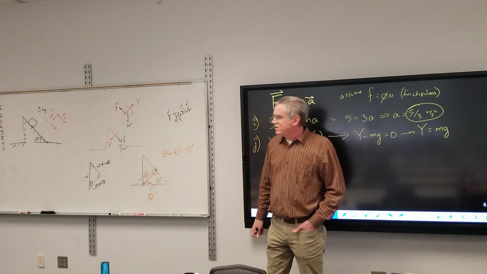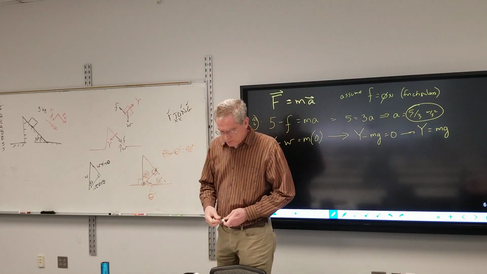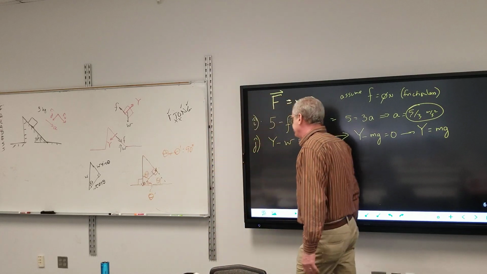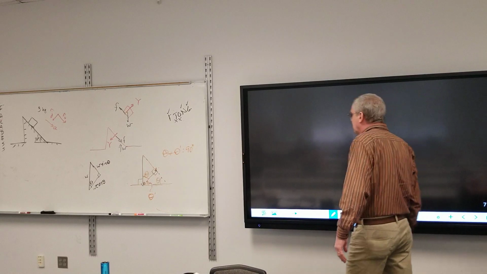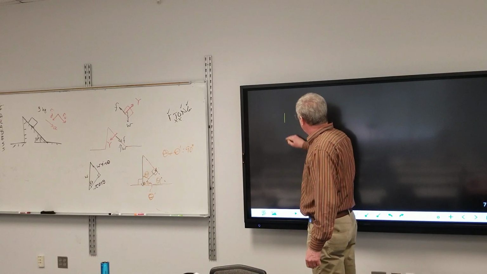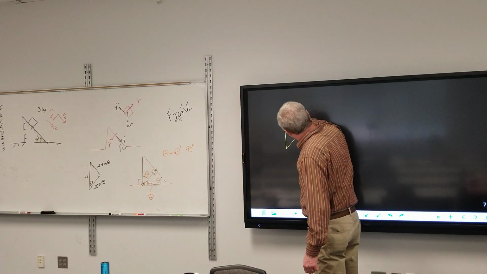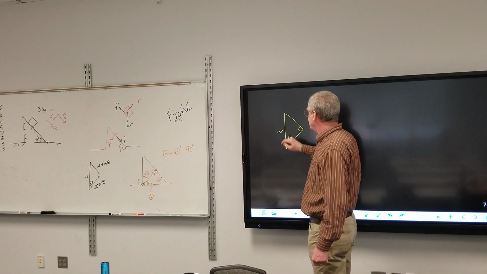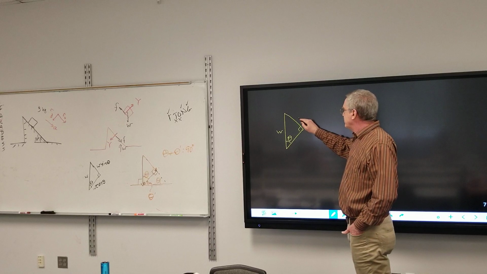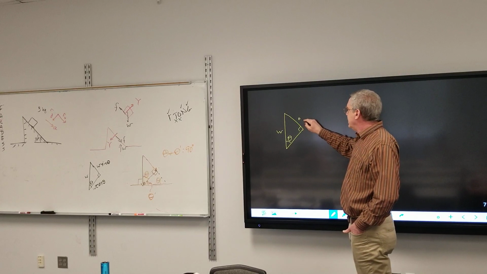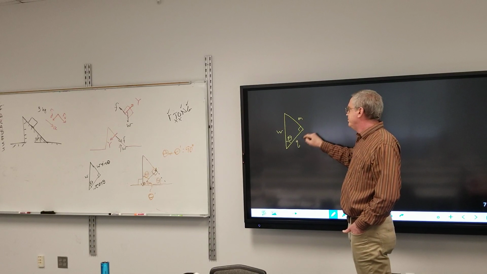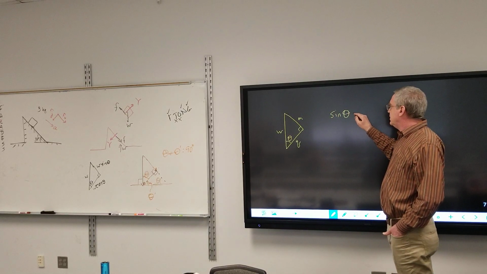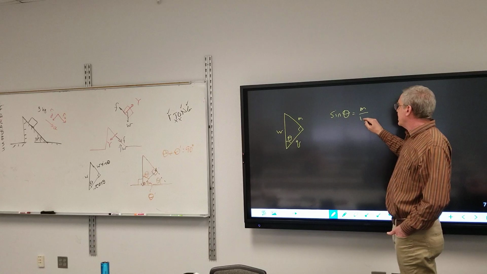I'll do the intermediate step for those where trig is either lacking or weak. Again, I have a right triangle here. I have an angle theta and I have my hypotenuse. I'll just label this as M and Q. I know that the sine of theta is equal to the opposite over the hypotenuse.